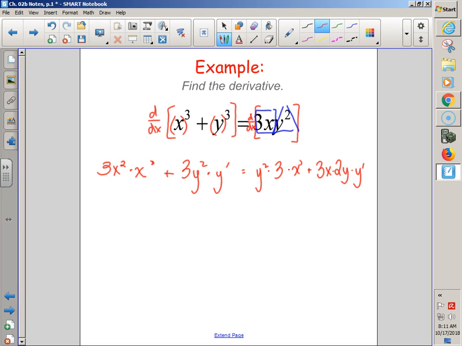Technically, it's dx/dx, and dx/dx just reduces to be 1. The derivative of x with respect to x is just 1. So therefore, most of you would have just written 3x squared, and you're totally right. But the problem is, what's the derivative of y? The derivative of y with respect to x is dy/dx. Do you guys see why the dy/dx stays, but the x prime doesn't? We don't write the x prime because it's always 1.